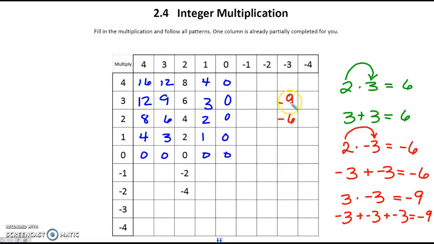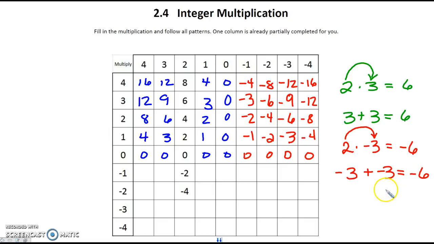And if we just follow this pattern, I've got negative 9, negative 6. What's going to come next? Yeah, one group of negative 3 is negative 3, and any number times 0 is 0. You can go ahead and put in those zeros, because 0 times any number is 0. And so what goes here? What if I had 4 groups of negative 3 that I'm adding together? Yeah, that's negative 12. So go ahead, pause the video, and fill in this section right here.